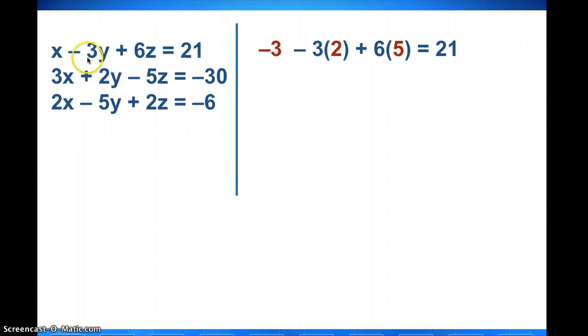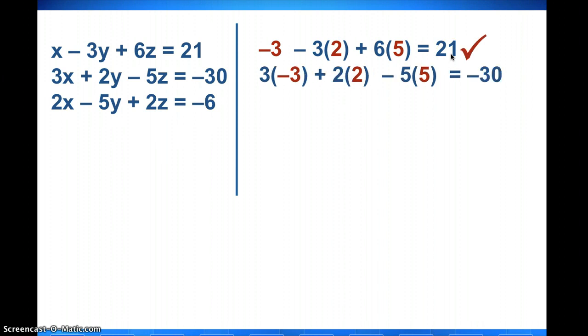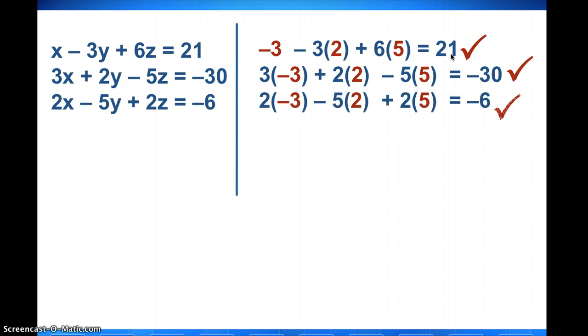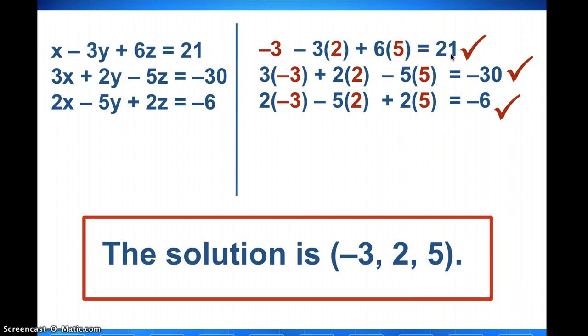So x is -3, y is 2, so I replace y by 2, and z is 5. For the first one, it's correct. I'm going to check the second one. It's also correct. I'm going to choose the third one. It's also correct. So I know I have the correct solution. So the solution is x is -3, y is 2, and z is 5.